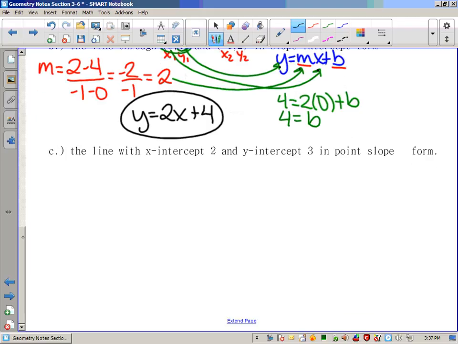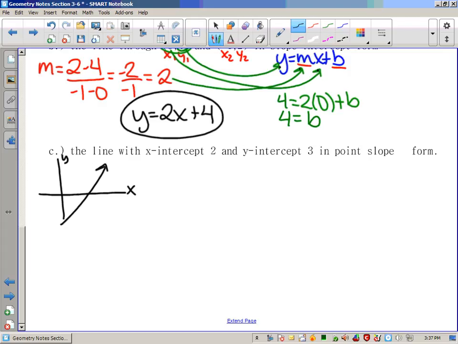Last one. Line with an x-intercept of 2 and a y-intercept of 3 in point slope form. X-intercept of 2. In order to do this, I need to remember what the coordinates would be of an x-intercept of 2. So if you think about the xy axis, x-intercept is where the line crosses the x-axis.